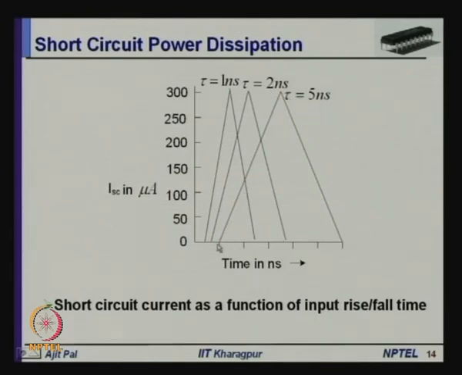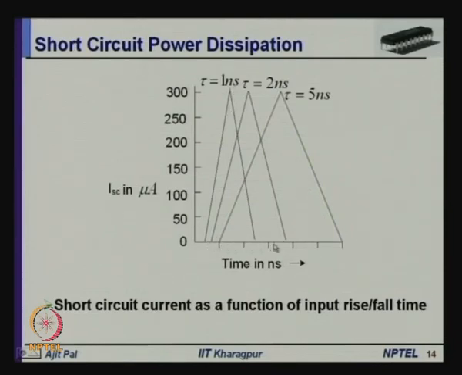Obviously, when the rise time and fall time is equal to 5 nanoseconds, we find that this area, the area covered by this triangle, will be much higher than when tau is equal to 1 nanosecond.